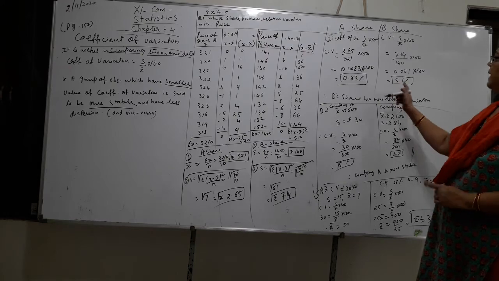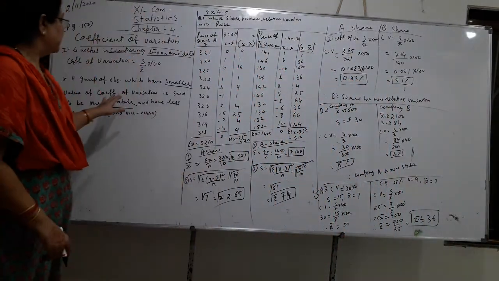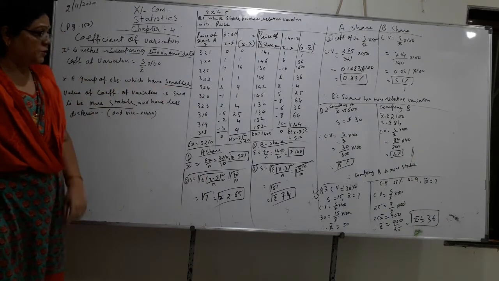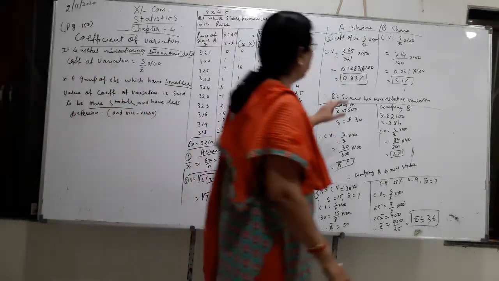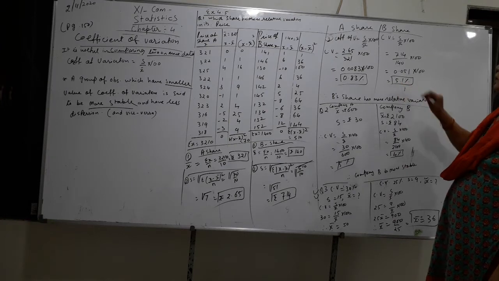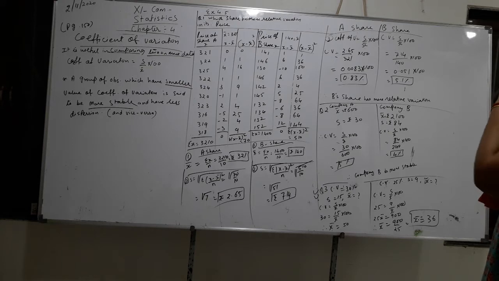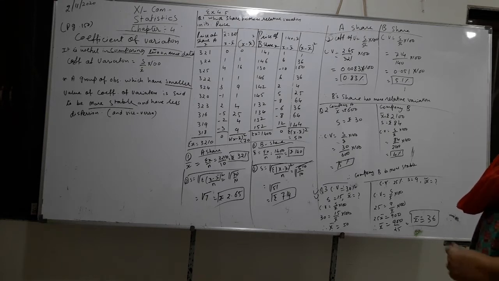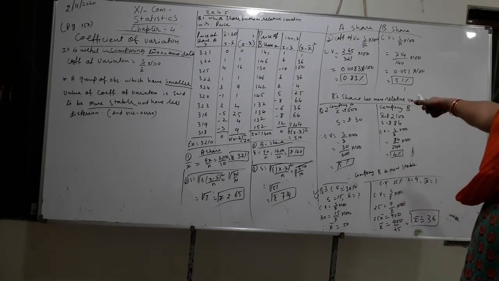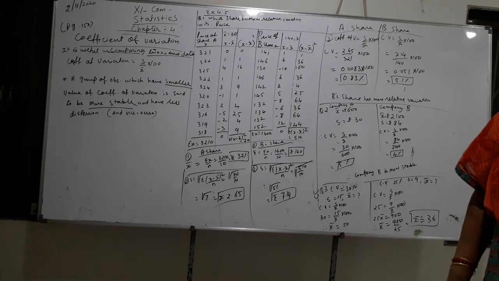Now when you compare, see, a group of observations which has a smaller value of coefficient of variation is more stable. So children, A has 0.83 and B has 5.1. Here it is asked which has more relative variation. That is B share, which has more relative variation because the value is 5.1.